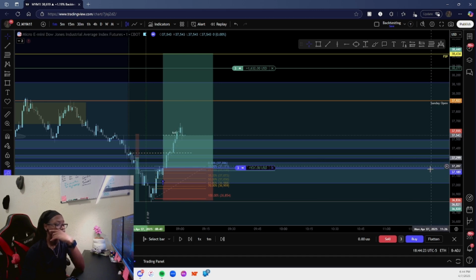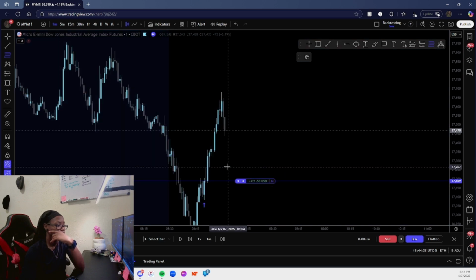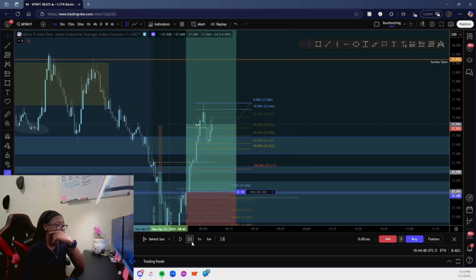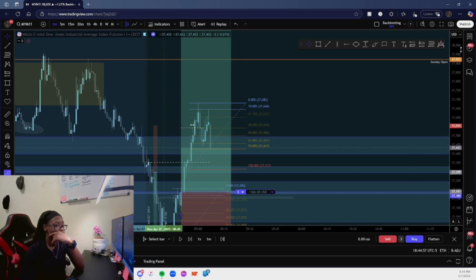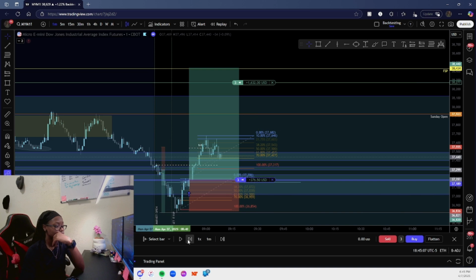Price ran to the first two take profits rather quickly, so I pulled out my Fibonacci to measure this next retracement. Roughly 70%, and then we took off from there.